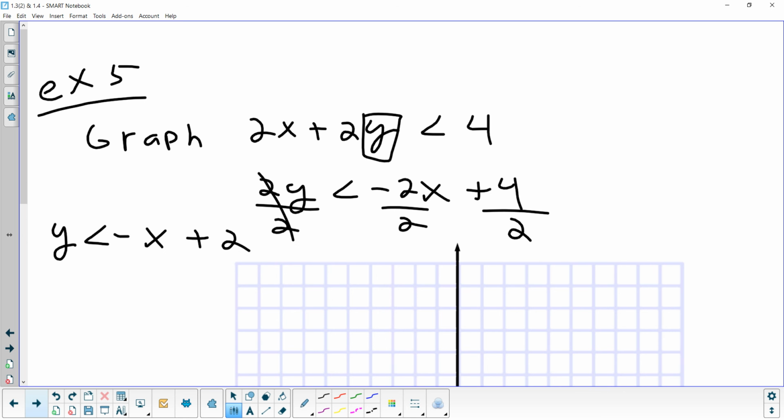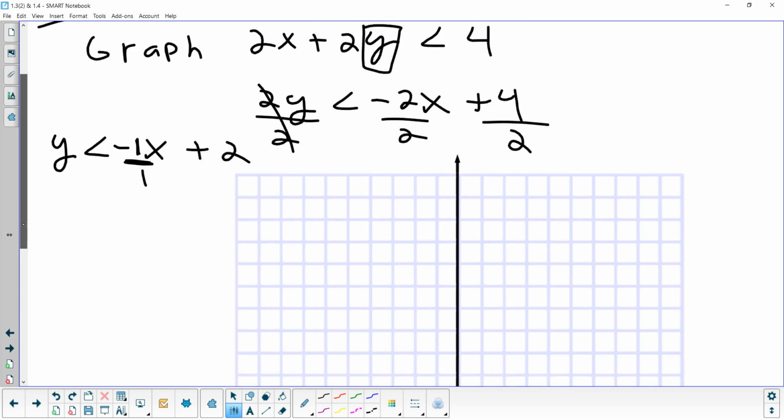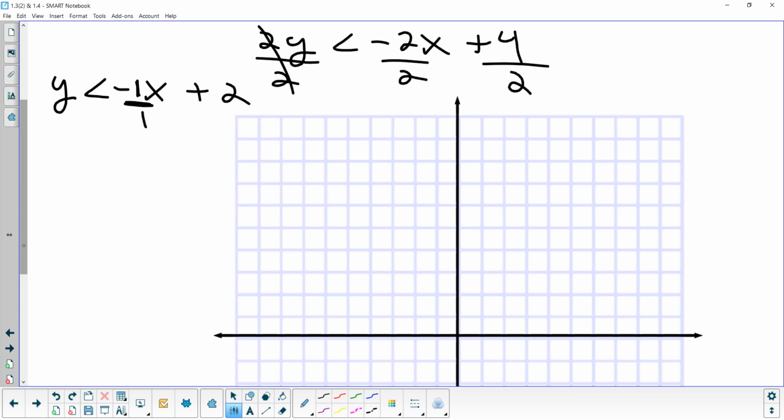What's my slope here? If I want to think about it as rise over run, what number can I put in front of x? Yep, Sarah? 1. And what about in the bottom? If I want to put something. 1. Okay. Matt, what's my y-intercept? 2.